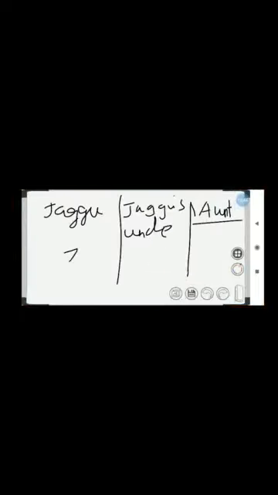So Jagu is Z years old, and his uncle is 4Z, and his aunt is 4Z minus 3. This is the question. So how can we write it as a normal statement?